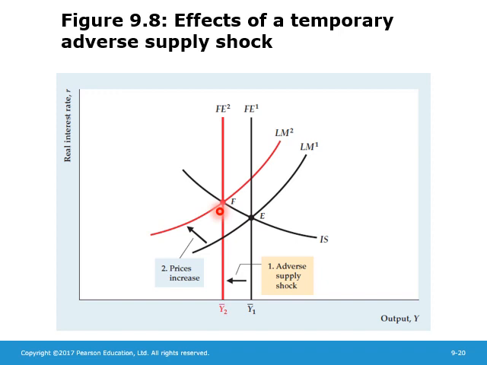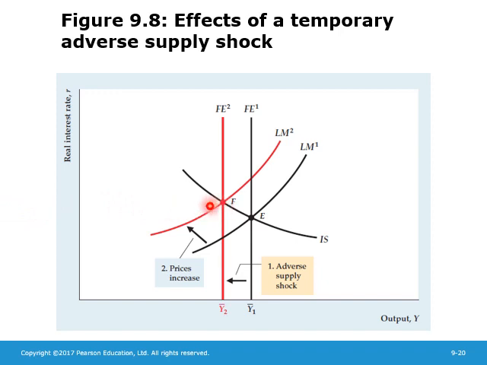So the new general equilibrium point will be point F, at which Y bar is now lower at Y bar 2. And what happens to the real interest rate? Compare the real interest rate at point E, the original general equilibrium point, with the real interest rate at the new general equilibrium point F. Now the real interest rate is higher.